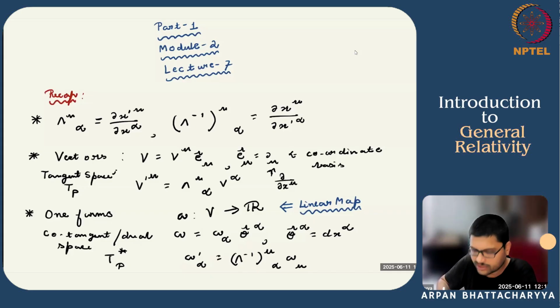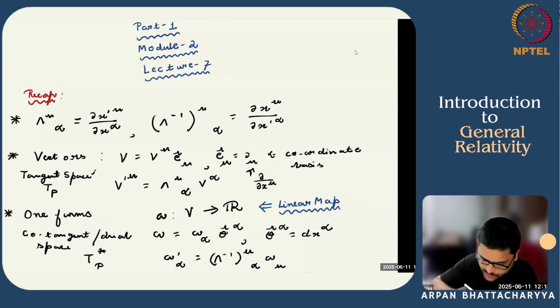Okay. And this one form is also known as a covariant vector, but we will use the modern terminology of one form. Vectors are also sometimes known as contravariant vectors, but we will simply call it a vector in all subsequent discussion. Now, given these two definitions, we can define a general tensor of rank P and Q.